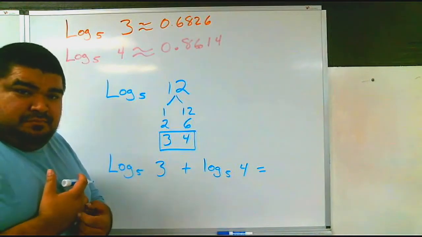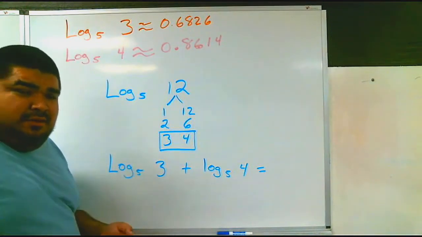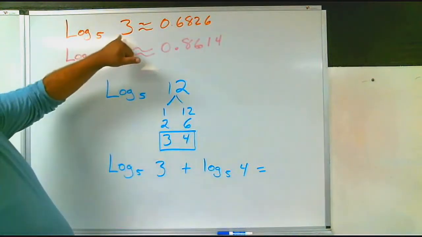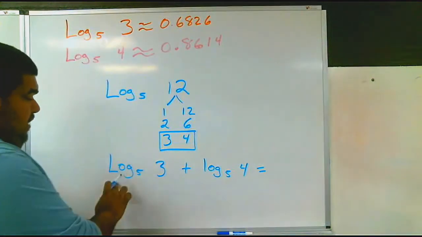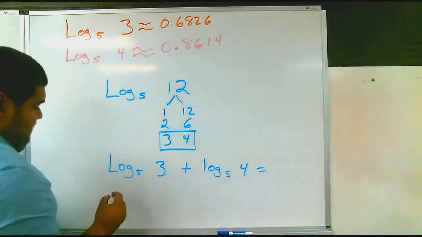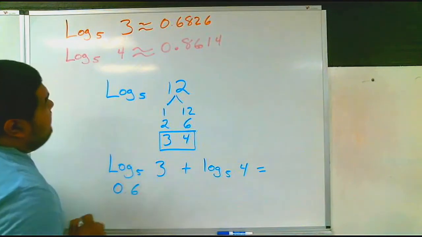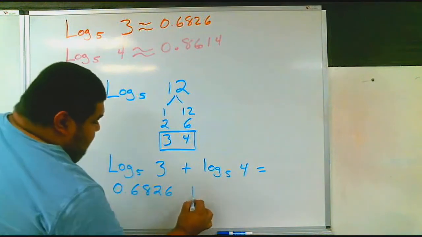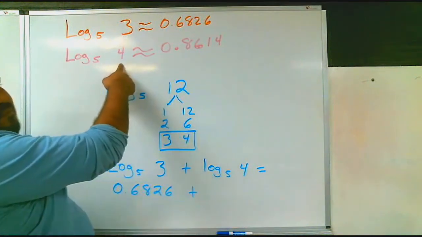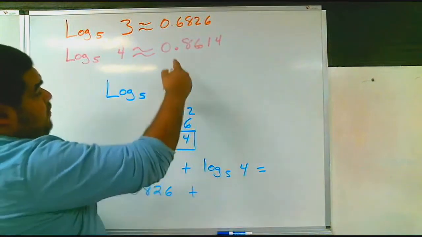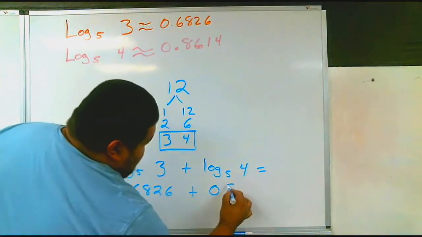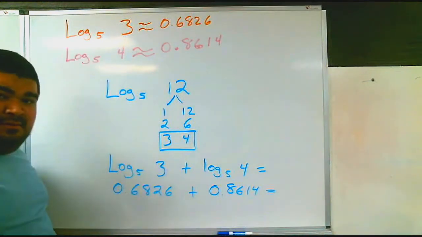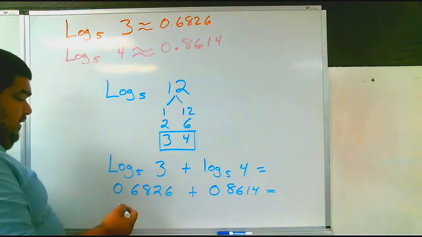You might ask yourself, how do we know what the answers are? Remember, it was already given to us. Log base 5 of 3 is approximately 0.6826, plus we also already have log base 5 of 4, which is 0.8614. So we can actually add them up. I'm going to do it the old-fashioned way without the calculator.